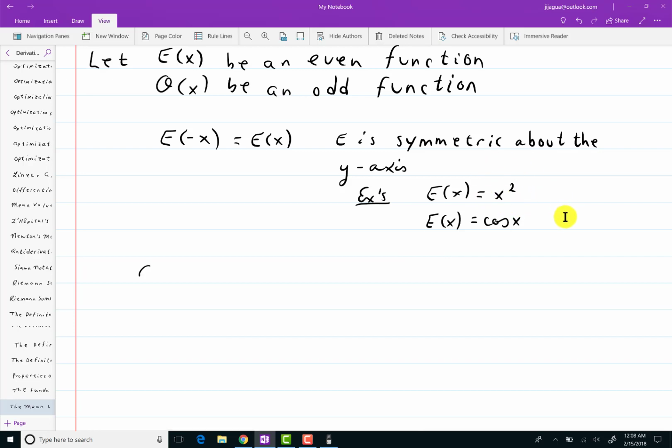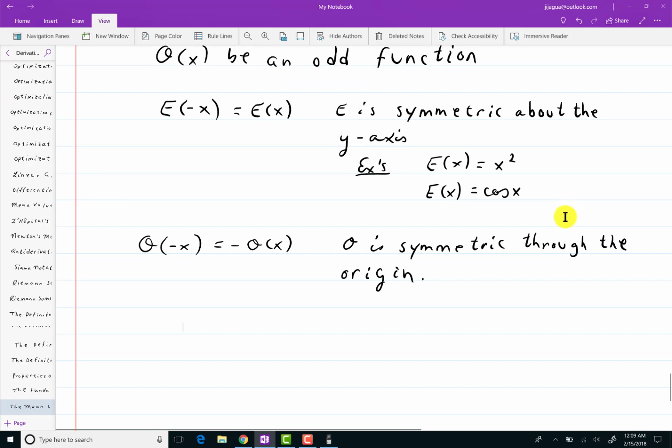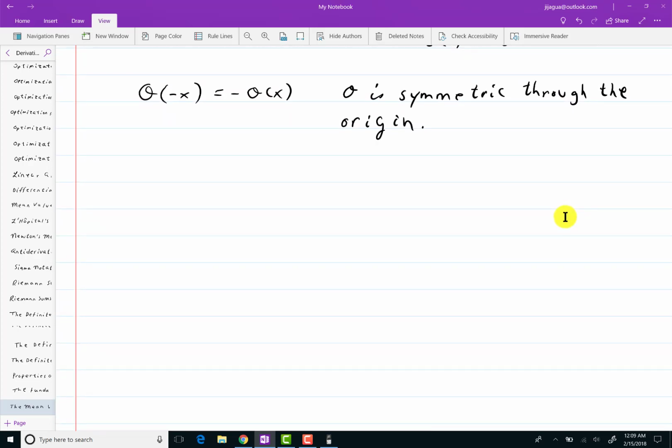Odd functions, on the other hand, have O of negative x equals negative O of x, and O is symmetric through the origin. So what are some examples of these?